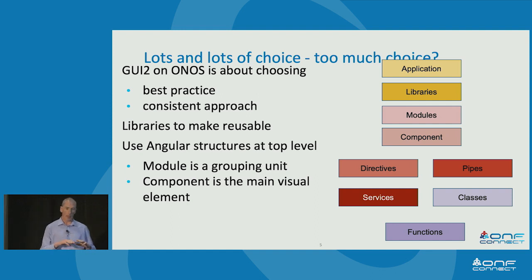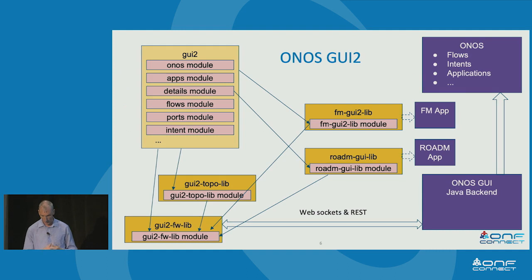Services are across all components and all pages in your application, and they stay alive all the time, so they have a useful application as well. And these 2 lilac-colored things, classes and functions, are the ES6 lower-level concepts. So it's those pink and reddish-colored boxes that are what Angular is about, and the component is the main visual element, as I said.